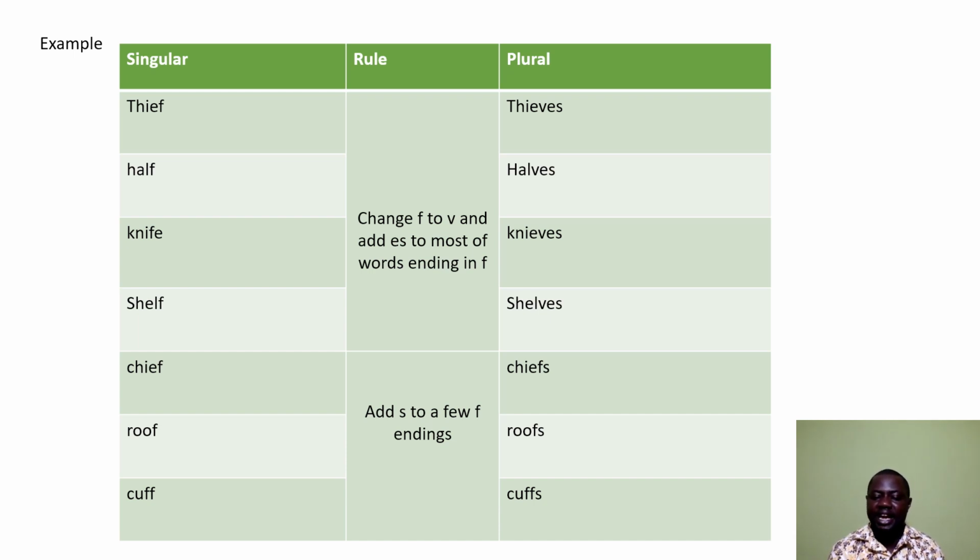For example, chief becomes chiefs, roof becomes roofs. And calf becomes calves. Okay, so you have to read more, practice more, and know these words. There is no formula. Some of the words are on their own, and therefore you treat them as they ought to be treated. Very good.